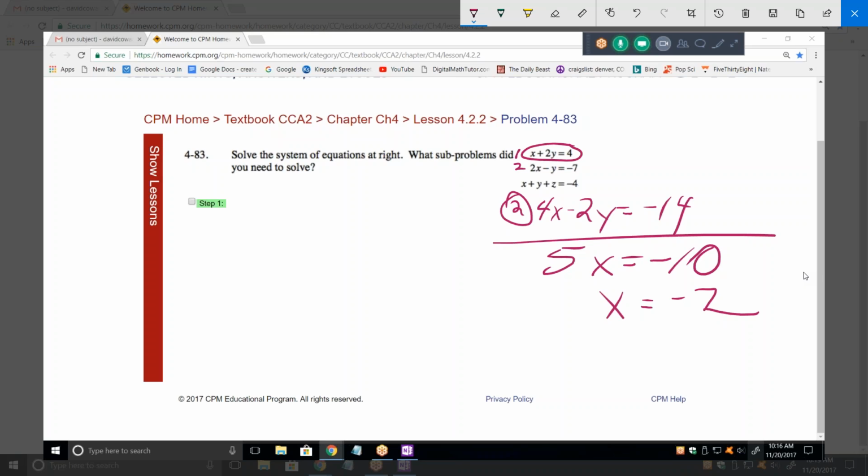For one thing, they're all small numbers, they're all positive numbers. That's a good clue to look for. The smaller numbers and the more positive signs you see, choose that one, as opposed to anything that might have fractions or a lot of negative signs. So solve for y. Tell me how to solve for y. If I know x is minus 2.